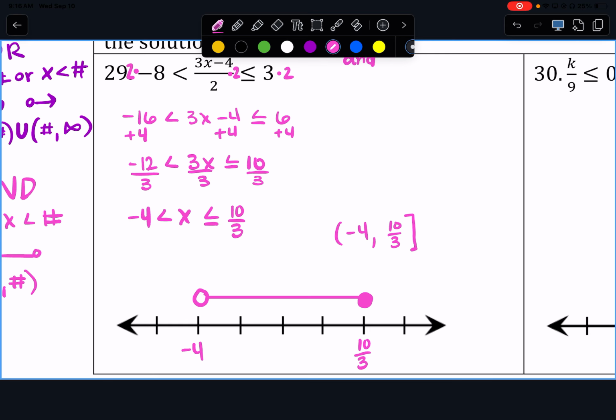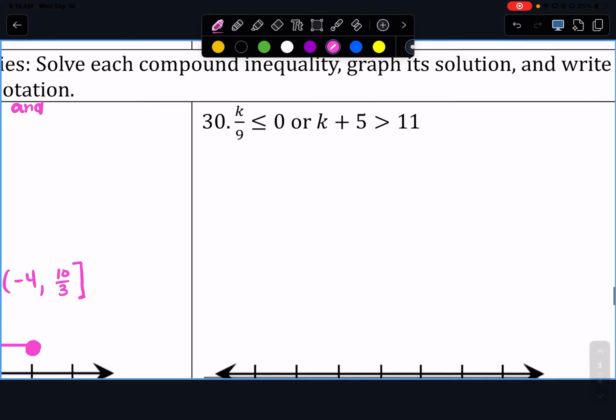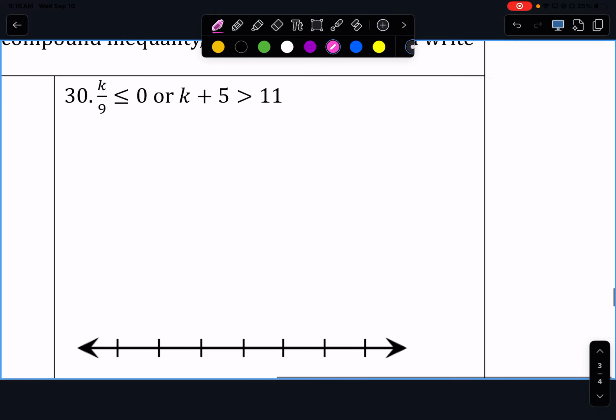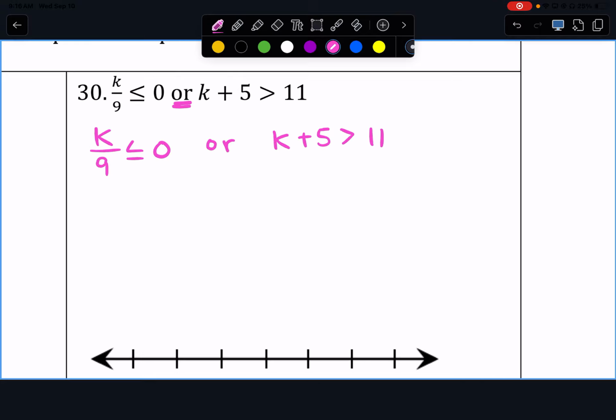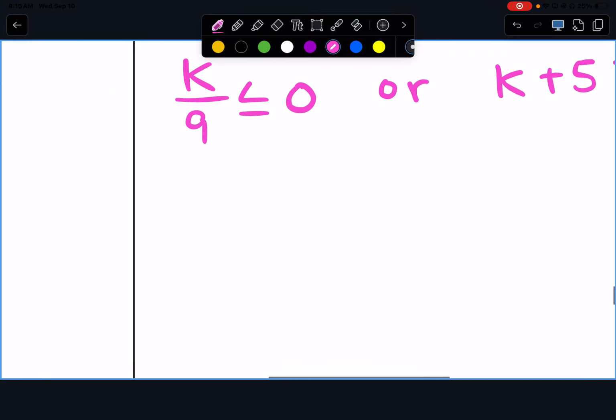Now we're going to look at question 30 as well. So 30 is an "or" compound inequality. We treat both of these as two separate equations. We have k divided by 9 is less than or equal to 0, or k plus 5 is greater than 11. For the first equation, multiply both sides by 9.